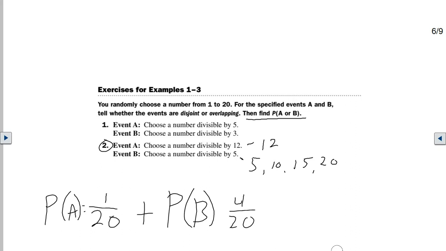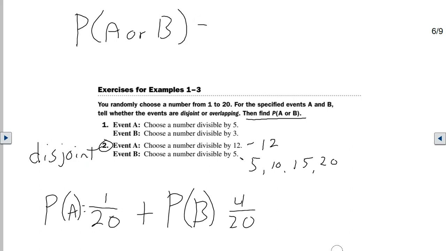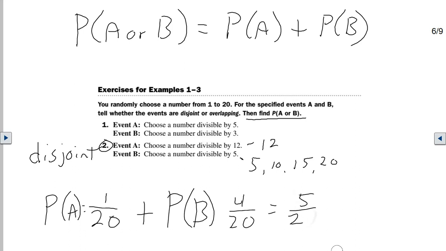So for disjoint events, these are disjoint, there's no overlap, I'm just going to add their probabilities. It's the probability of A plus the probability of B. So 1/20th and 4/20ths would be 5/20ths, which simplifies to 1/4. So the probability of getting a number either divisible by 12 or divisible by 5 is 5 out of the 20, simplifies down to 1/4.